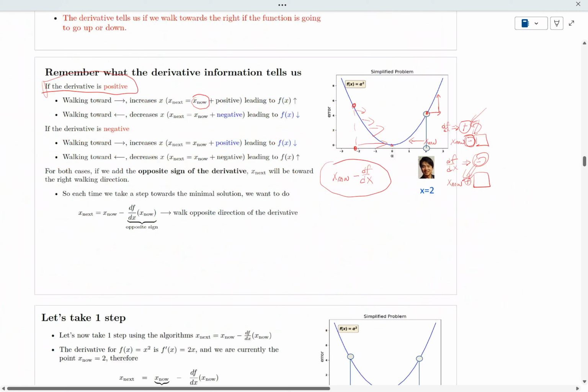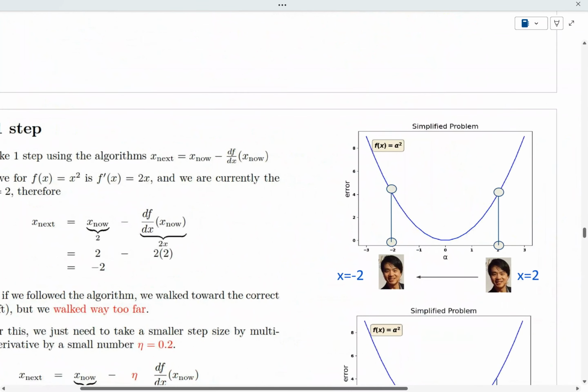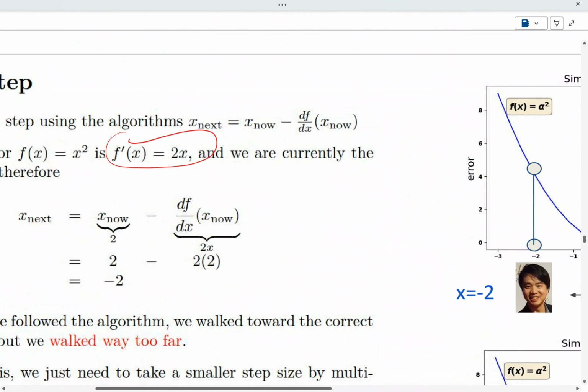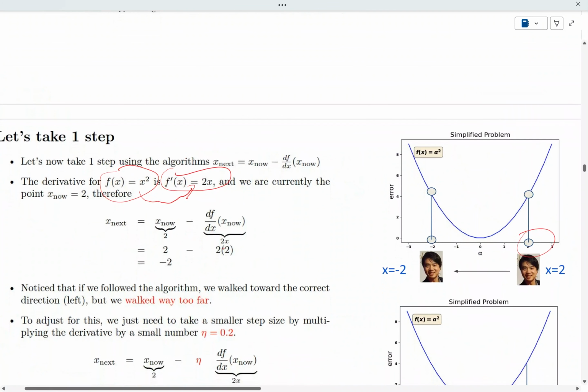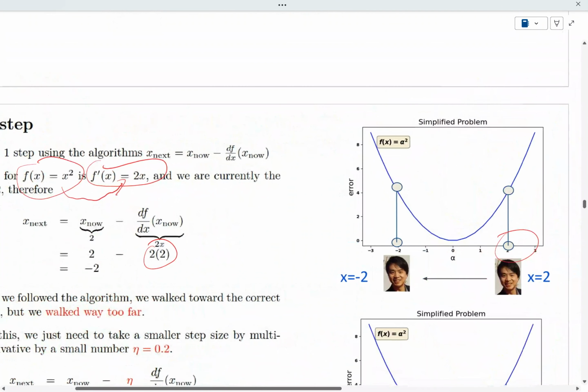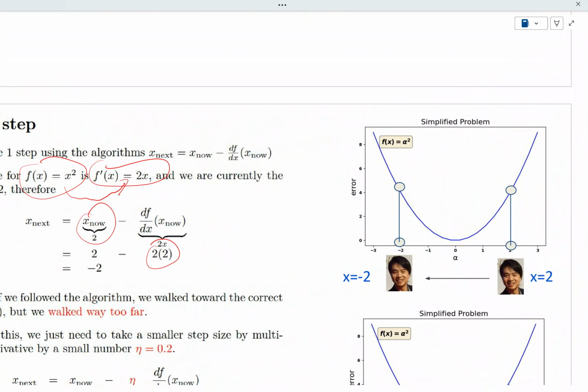In this example, we take the derivative. x squared is the function, so the derivative is 2x. Our current location right now is 2, so this x now is 2. It's saying that we want to go left, we want to minus the location, which makes sense.